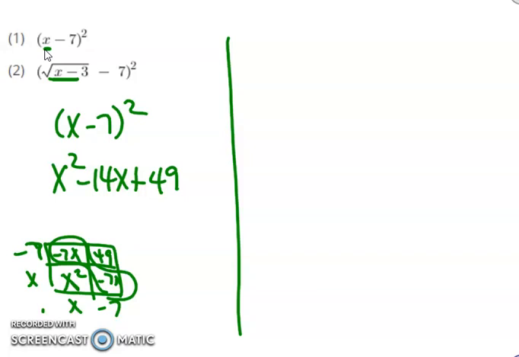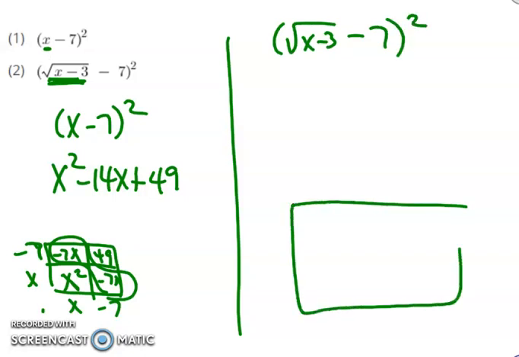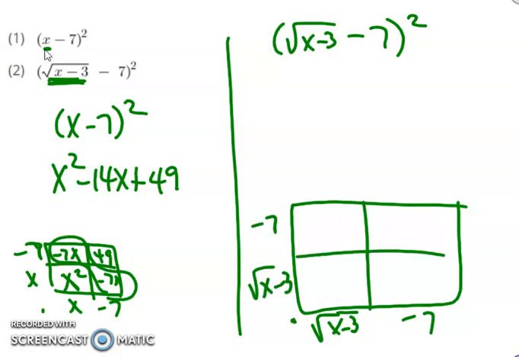What will be different is the x part of it will no longer be an x, but it will be the square root. So for the problem, the square root of x minus 3 minus 7, squared, our generic rectangle will be the square root of x minus 3 minus 7 times the square root of x minus 3 minus 7, so we get the 2 by 2.